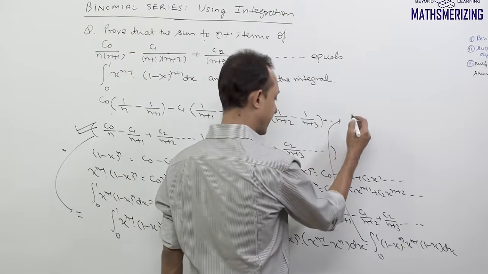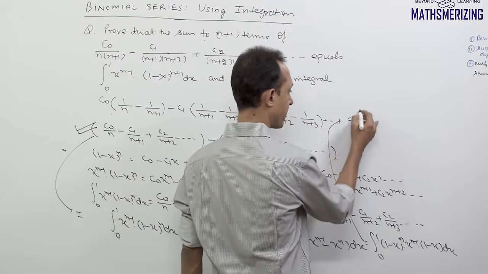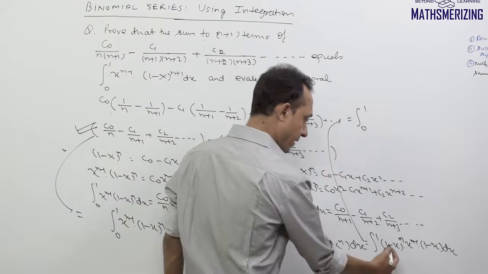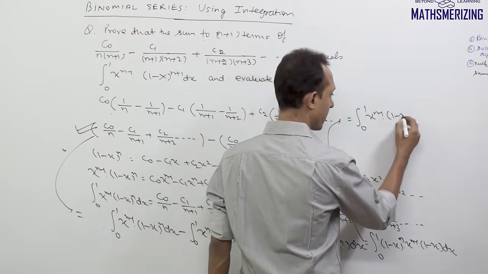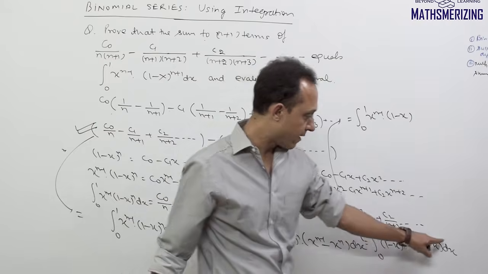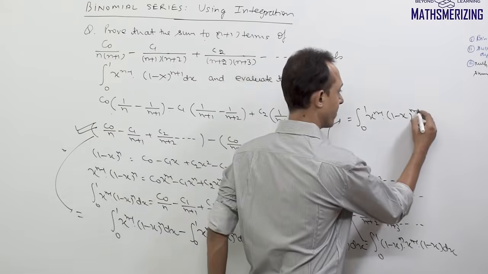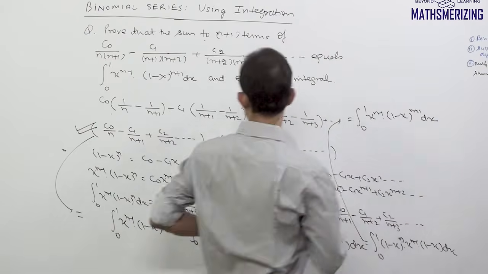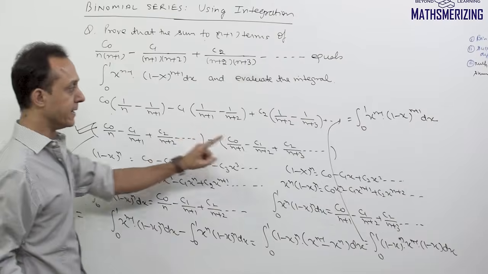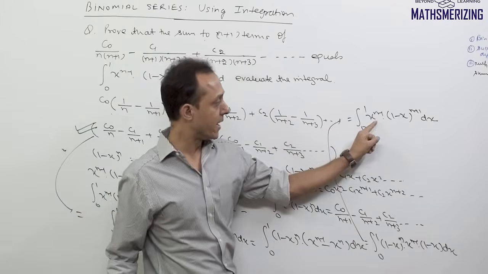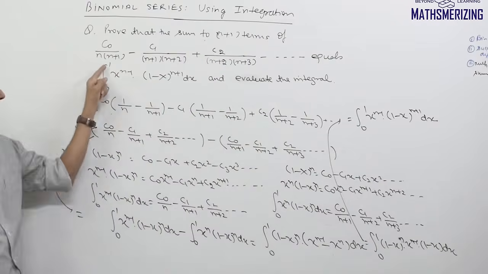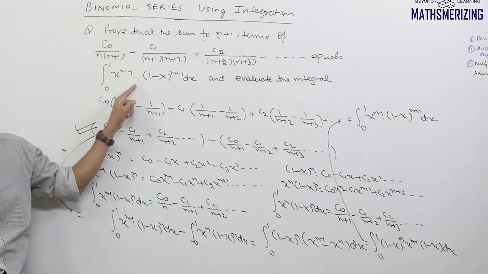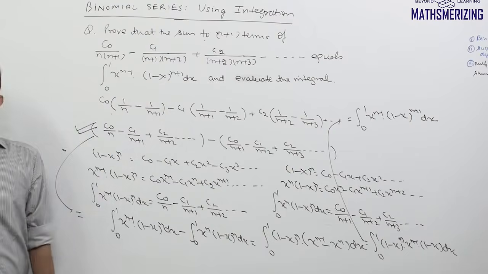So I can write this series as the integral from 0 to 1 of x to the power n minus 1 into (1 minus x) to the power n plus 1 dx. So the answer to this series will be this integral, from 0 to 1 x to the power n minus 1, (1 minus x) to the power n plus 1. That was my first part.